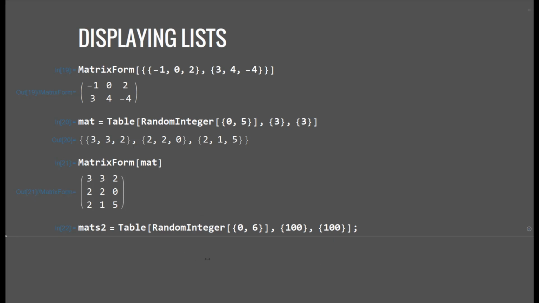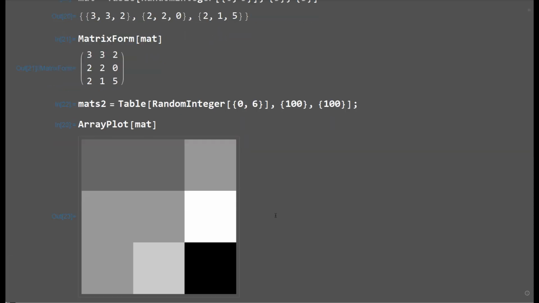One way to visualize this type of big matrices is to use something that is called the array plot. So the array plot is a way to visualize matrices. Let me actually do the first one here, maths here, this one right here. So this is going to give me a visualization of this 3 by 3 matrix. So let me press enter there, and it's going to give me this picture.